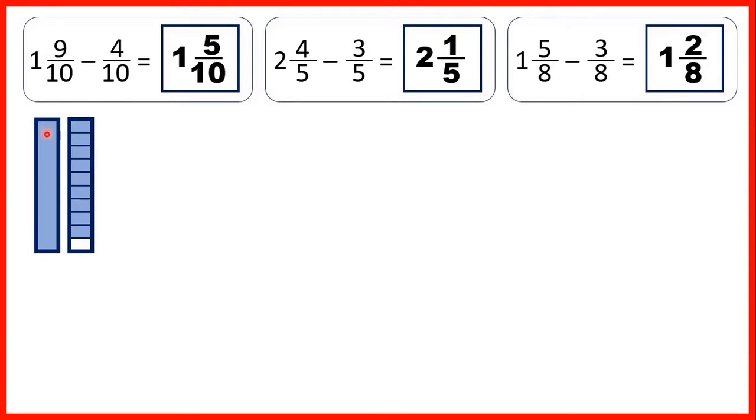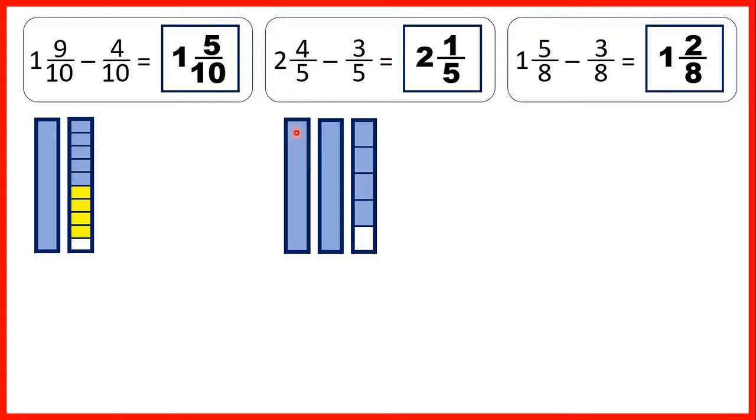We started with 1 and 9 tenths, so that's 1 whole and 9 tenths, and we were subtracting 4 tenths. If we subtract 1, 2, 3, 4 tenths to show what we've subtracted in yellow, that leaves us with 1 whole and then 5 tenths of this fraction bar still in blue, so that's our answer, 1 and 5 tenths.